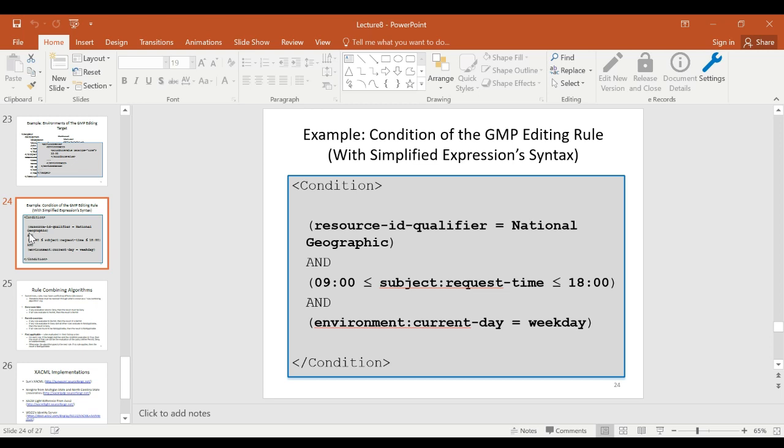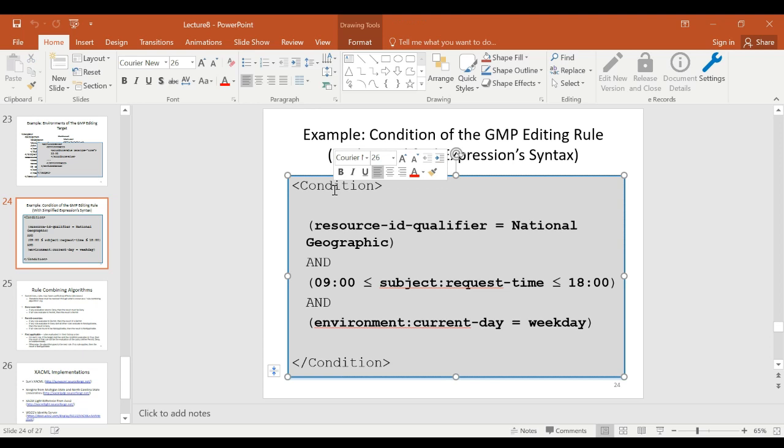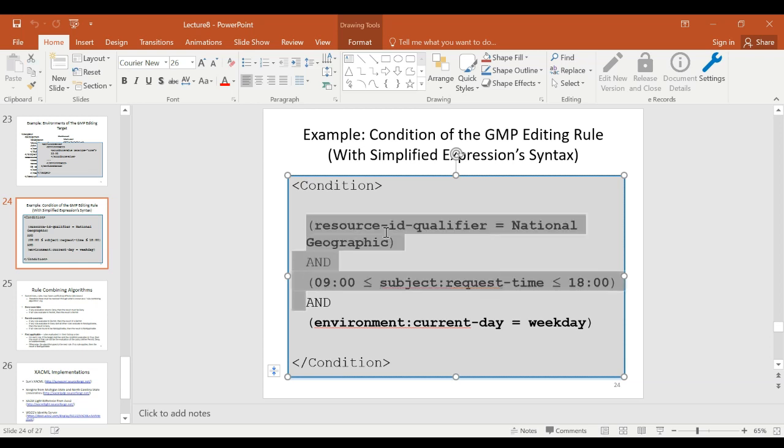Now, the second part of a rule, as we said earlier, is the condition. So the condition is a single condition. Note that it's not multiple conditions, it's a single condition. And it basically expresses a single logical expression or logical formula. If you want to understand what logical expressions are, you can search for those offline.